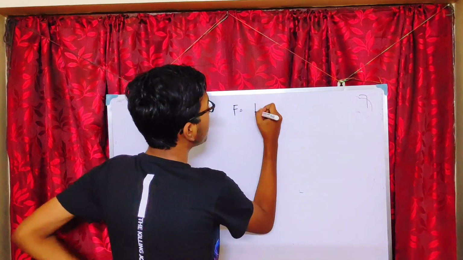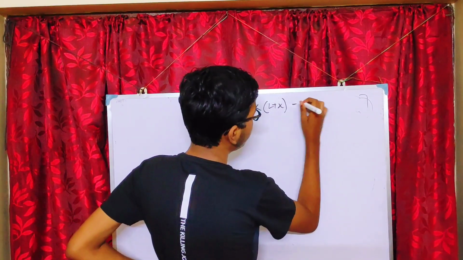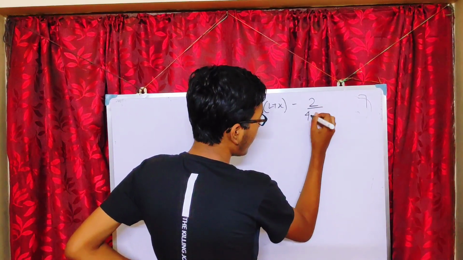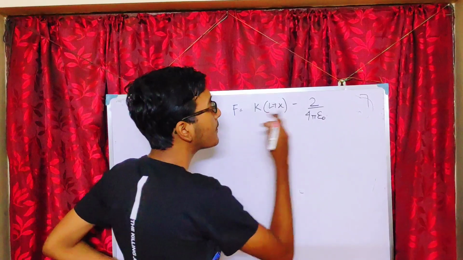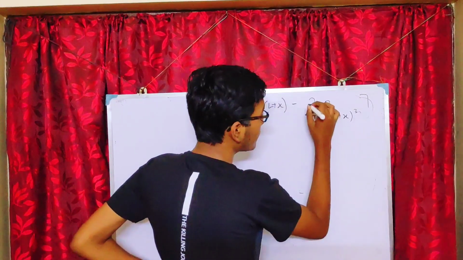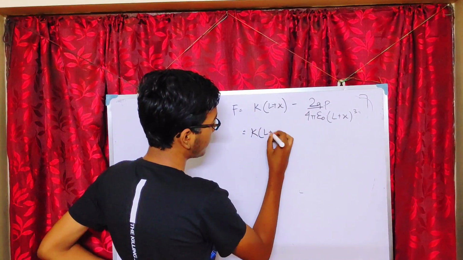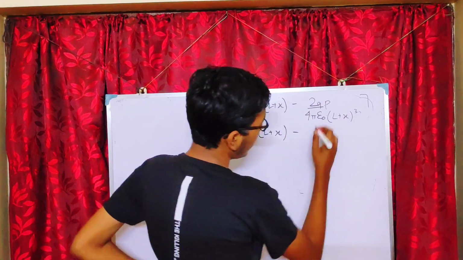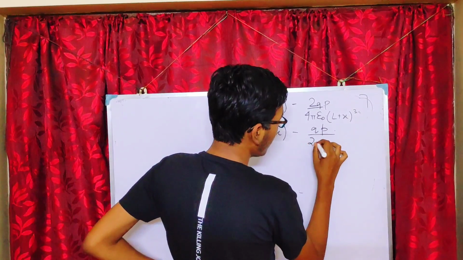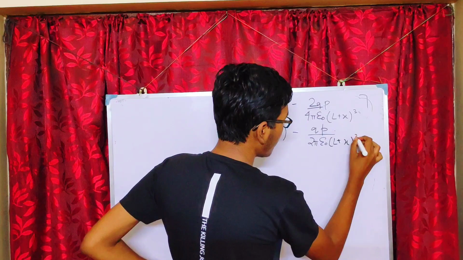F would be some k into (L plus x), and the force would be, okay, kp by r cube, where k is 1 by 4 pi epsilon naught, by (L plus x) whole cube. Okay, I am solving the problem, right? Now minus qp by 2 pi epsilon naught (L plus x) whole cube.